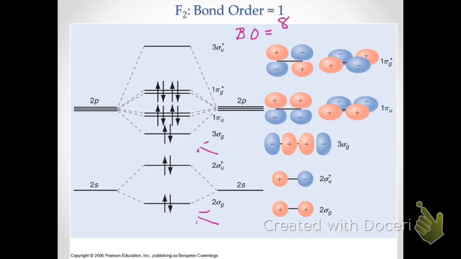Continuing with the antibonding electrons, we've got 2 in the sigma star and 4 in the pi star, so we have a total of 6 antibonding electrons. Using our formula for bond order, we calculate the bond order to be 1, and again, that's consistent with our notion based on the Lewis structure that diatomic fluorine has a single bond.